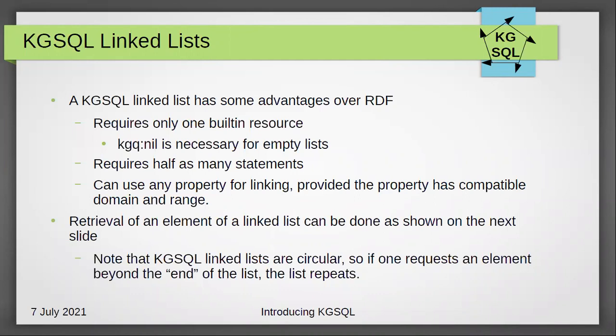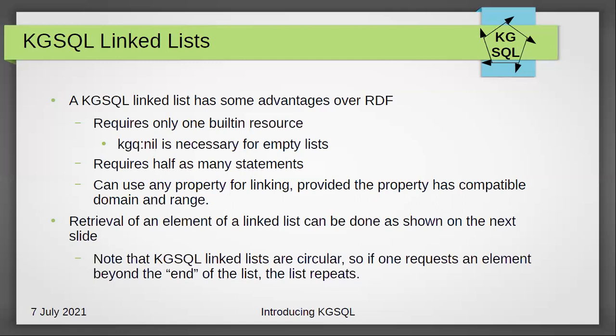And actually, that's an interesting advantage of KGSQL, in that there isn't any really easy way to specify the domain and range, you know, what elements can be in a linked list in RDF.